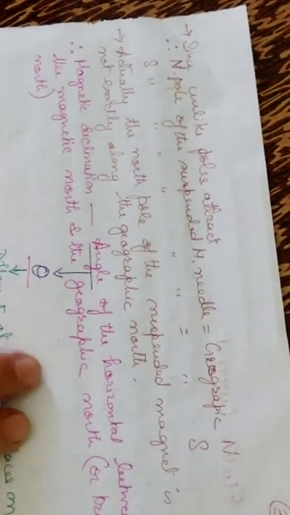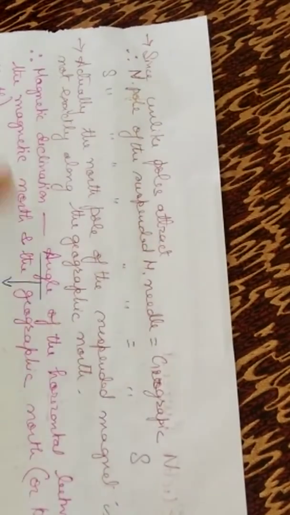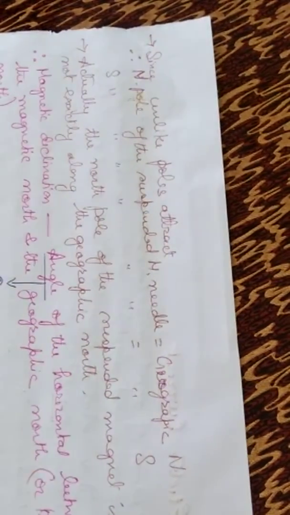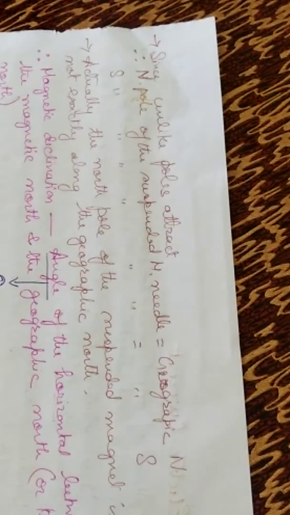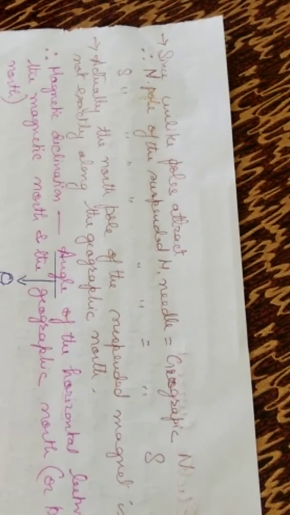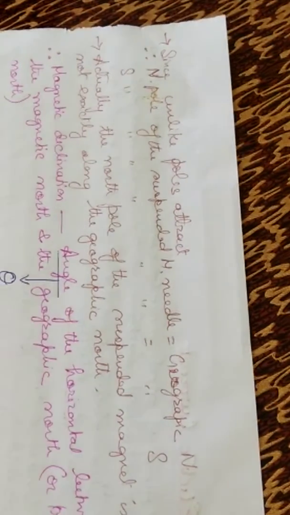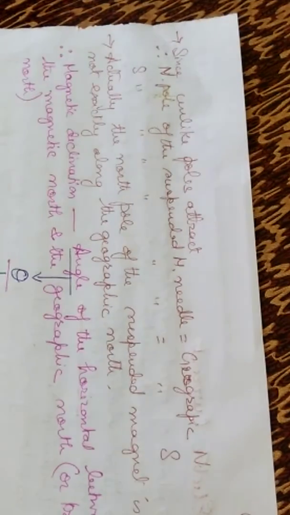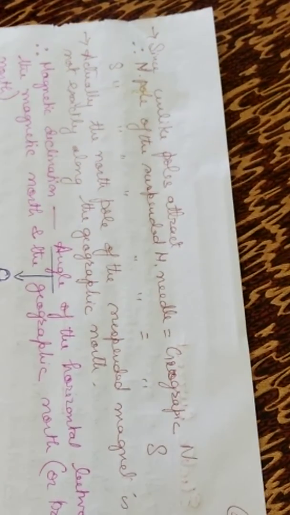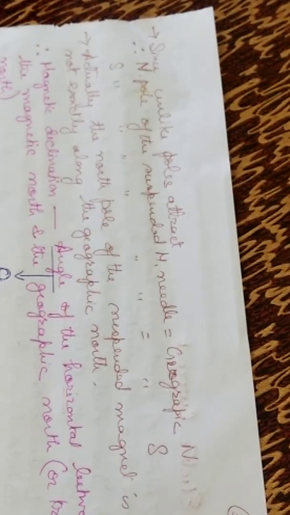Actually, the north pole of the suspended magnet is not exactly along the geographic north. When we suspend the magnetic needle, the pointer which indicates the north is slightly deviated from the actual geographic north. That is magnetic declination.